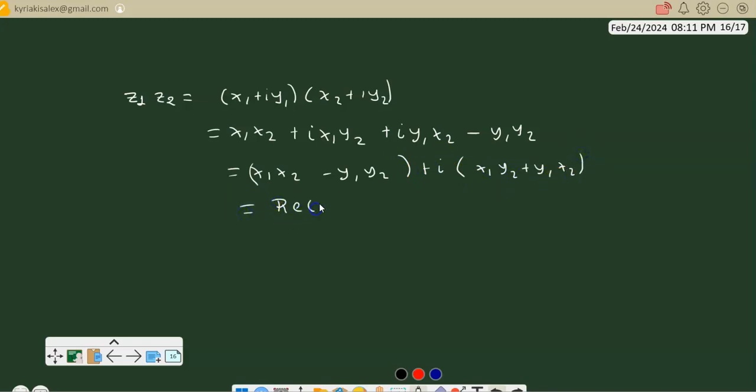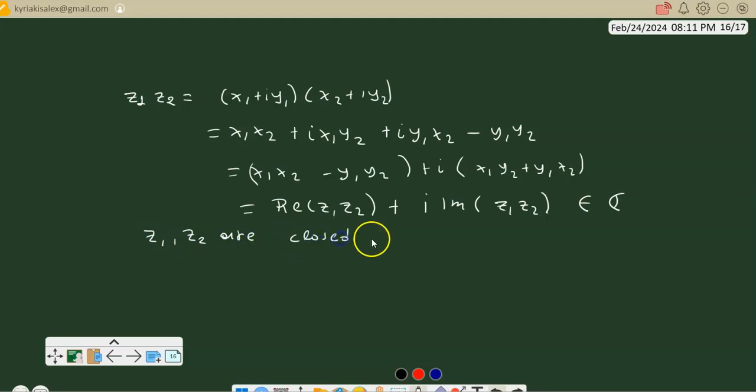So this is the real part of z1 z2 plus i, the imaginary part of z1 z2. Closed under multiplication.